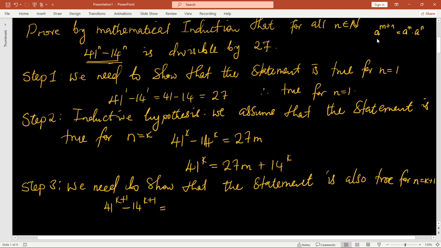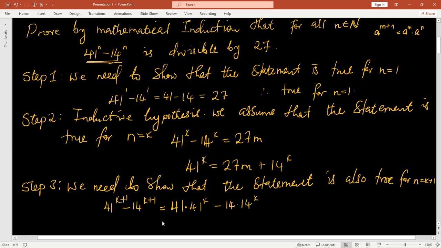The base is the same, but the powers are different. Meaning that we're going to have 41 to the power 1 multiplied by 41 to the power k. The same thing applies on 14, so minus 14 multiplied by 14 to the power k.